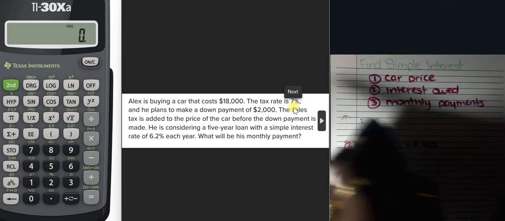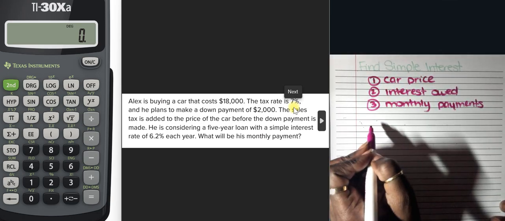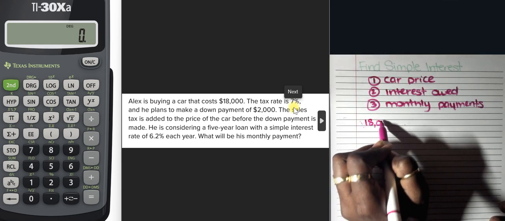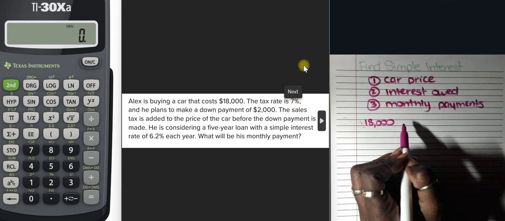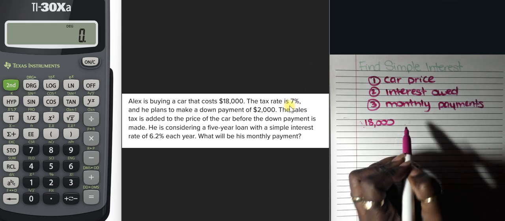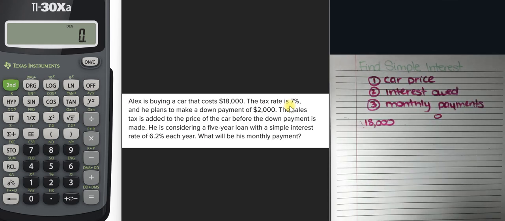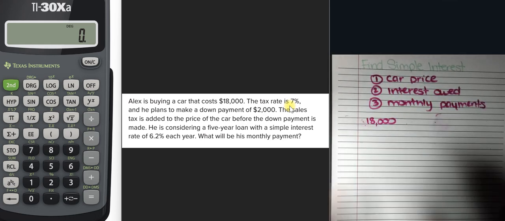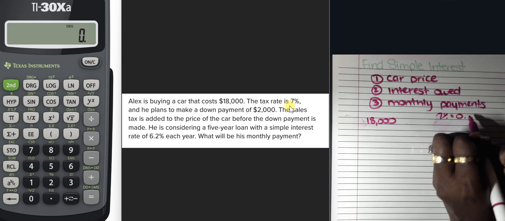All right, so the price is going to be $18,000. That's how much he's required to pay so far. And then we're going to add on a 7% sales tax. And 7% is the same thing as saying 0.07.